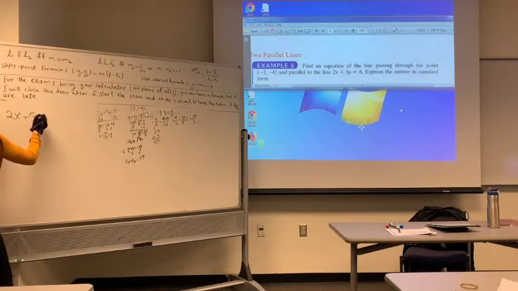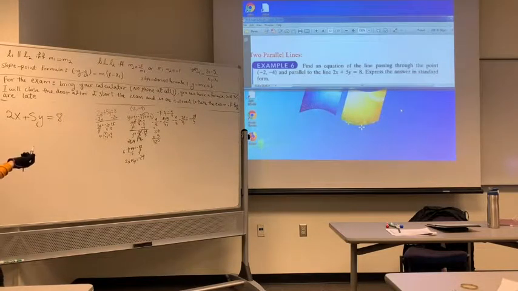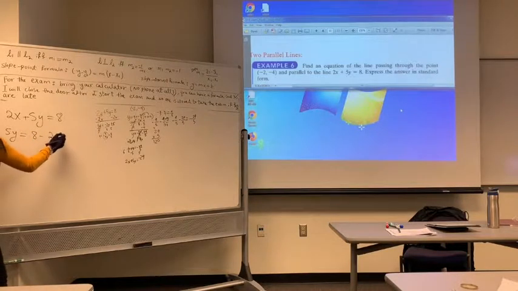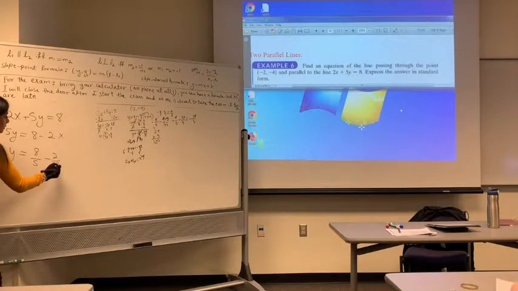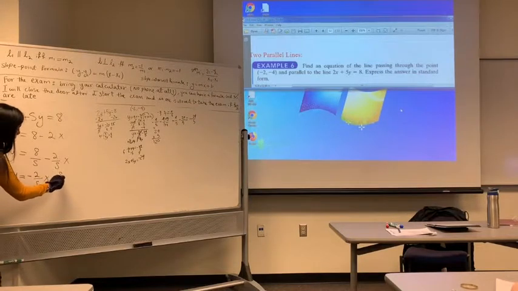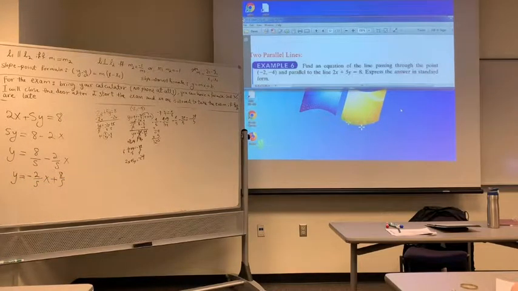If you want to make it in slope-intercept form, you will isolate y on one side and bring the rest to the other side, right? Y is equal to negative 2 over 5 x plus 8 over 5. So what is the slope of this line? Negative 2 over 5. Do you see that? Yes.